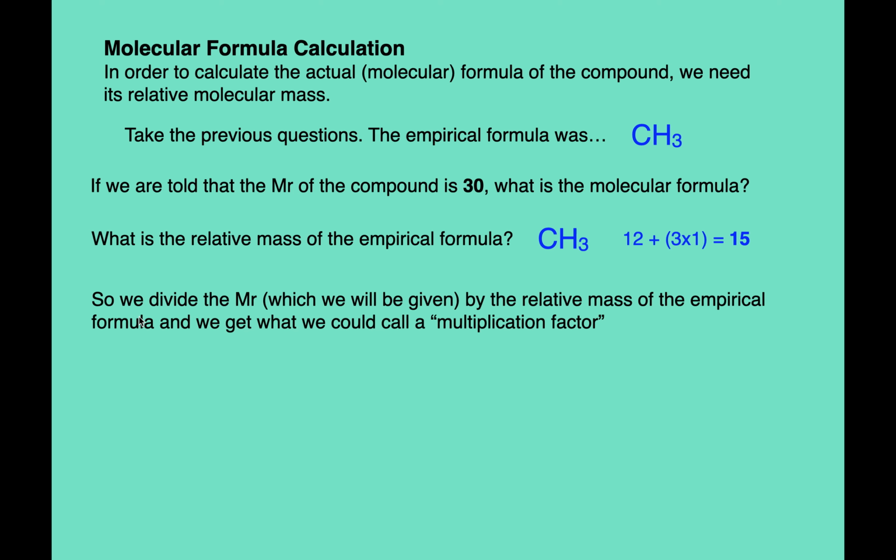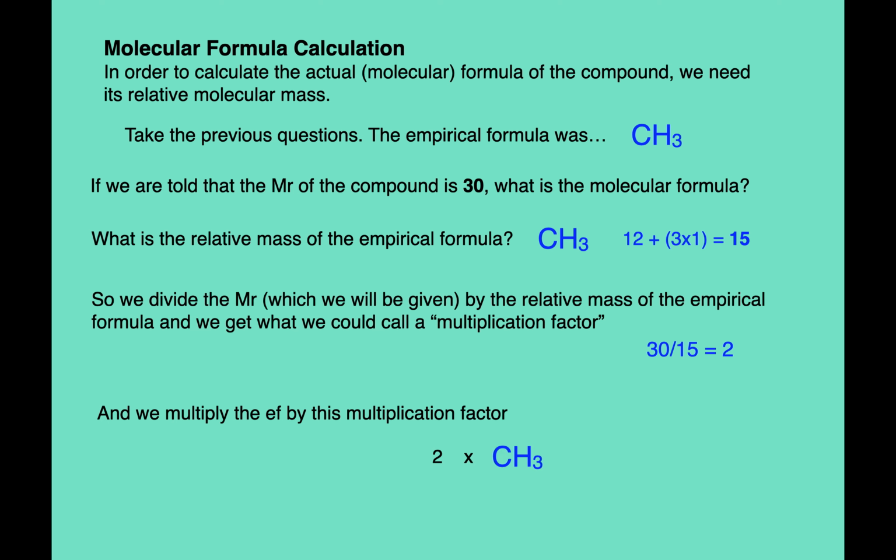Once we have the relative mass of the empirical formula, we divide the relative molecular mass, which will be given, by the relative mass of the empirical formula. And we get what we could call a multiplication factor. So if the relative molecular mass is 30, the mass of the empirical formula is 15. 30 divided by 15 gives me 2. We're going to call that our multiplication factor, and we're going to multiply this by the empirical formula.